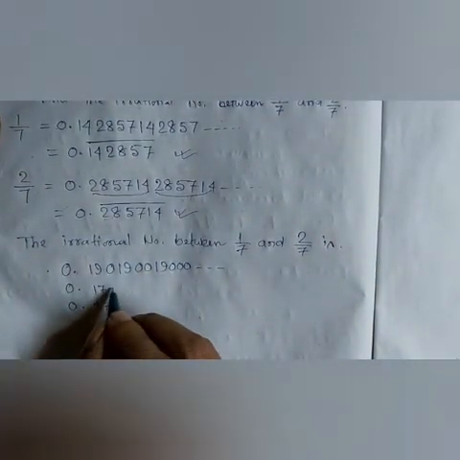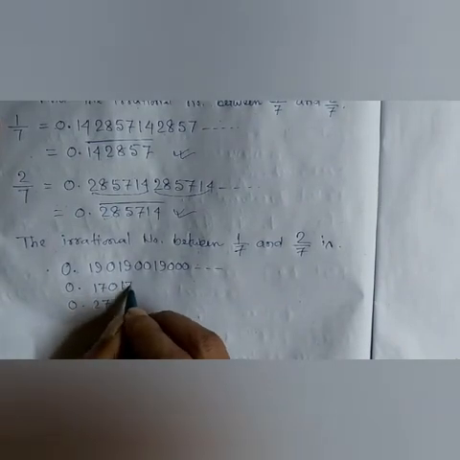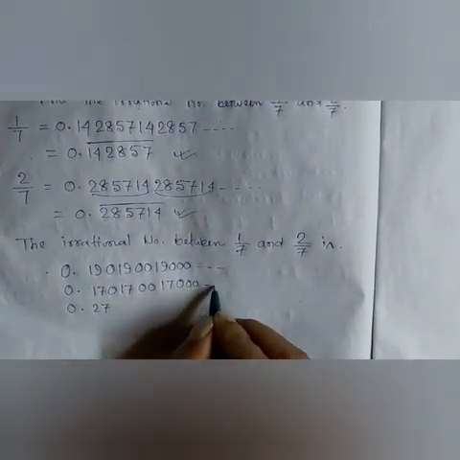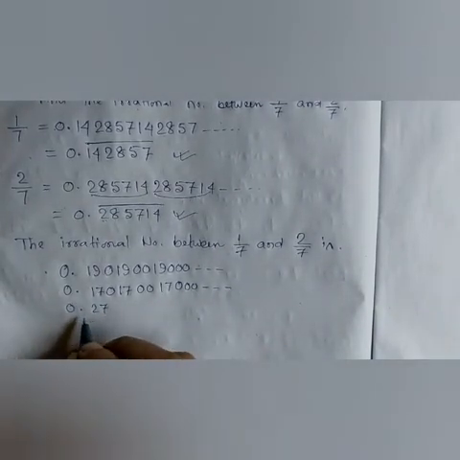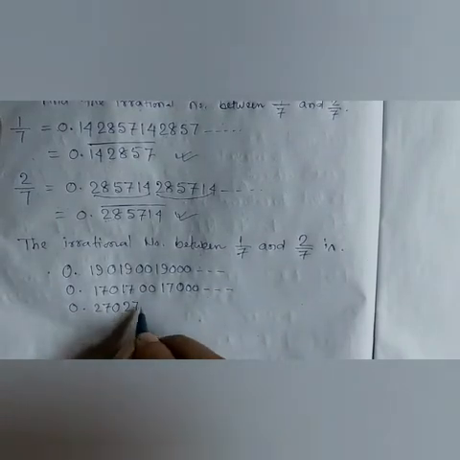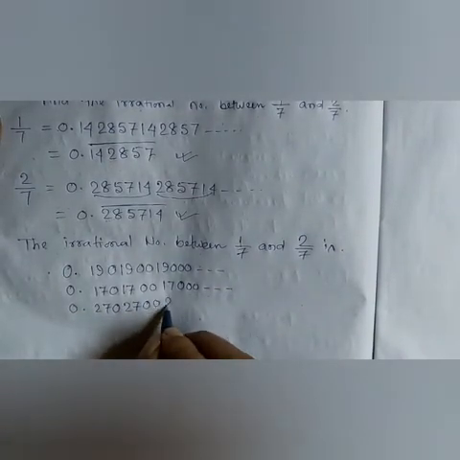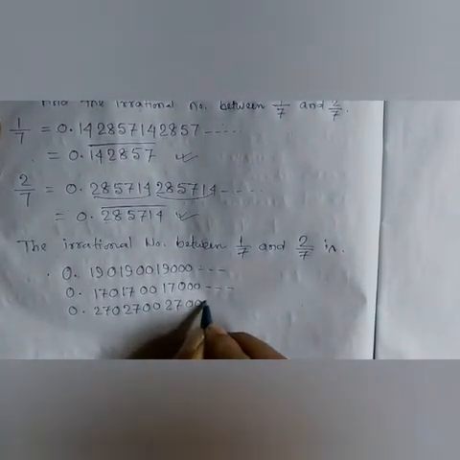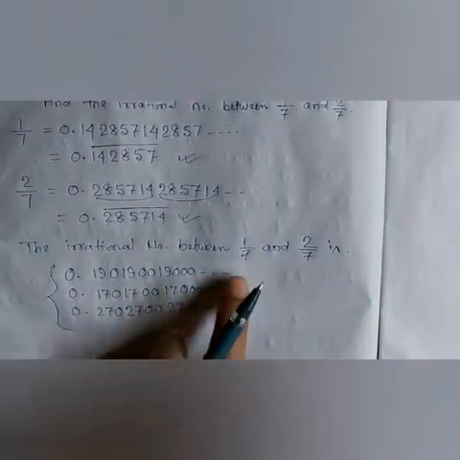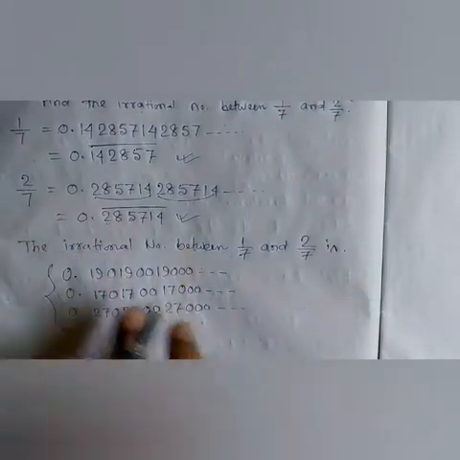In this case 17, then 10, again 17, 00, then 17, 000. If you take 0.27, then 0, then 27, then 00, then 27, then 000, and continuous. So these numbers are irrational numbers lying between 1/7 and 2/7.